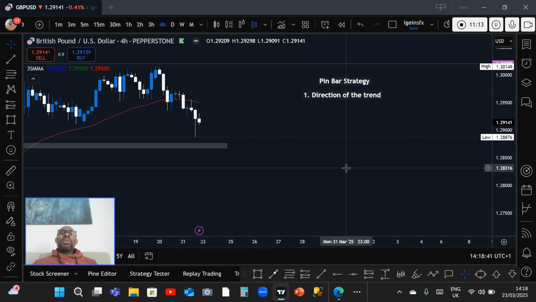Then when we are bearish, we should be looking for selling opportunities. So, first thing for you to really trade a pin bar, when you do your top down analysis, what you are simply doing is ascertaining the direction of the trend.